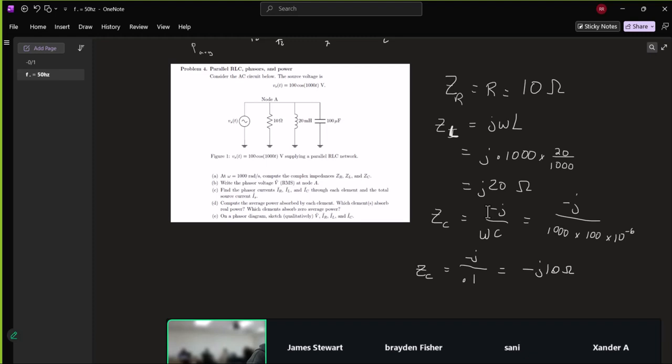Write the phasor voltage RMS at node A. Okay, so when you look at the voltage that's given, it's not RMS, and so that means your peak voltage is 100. So the magnitude of VRMS is 100 over the square root of 2, which is 70.71.